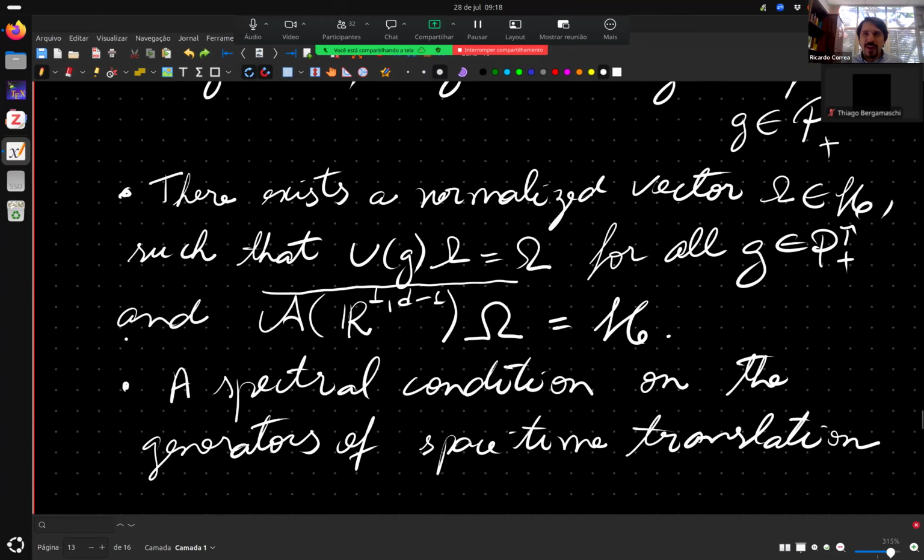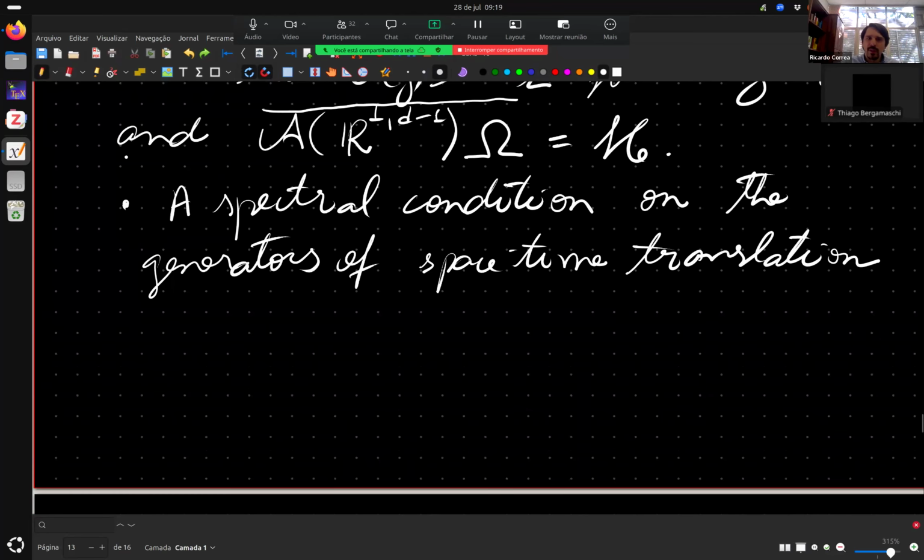And I hope to have a vacuum. Again, I'm talking about the vacuum representation here. So there exists a normalized vector, which we'll call omega, which is invariant under the Poincare group. If you take the algebra of the whole space acting on the vacuum, it approximates any vector in my Hilbert space. So for the physicists, it approximates all the states, even though we define states in a different way.